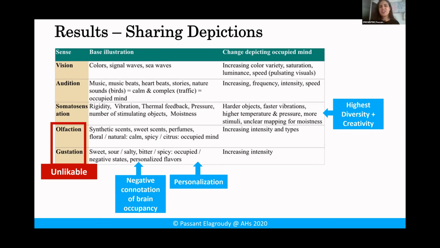While they didn't really like olfaction and gustation, which is basically what you smell and what you taste when you eat, although we thought they were going to like it because of being novel. And with gustation, they had a negative connotation with the brain occupancy, which didn't happen with the other senses. And they also suggested personalization for them.